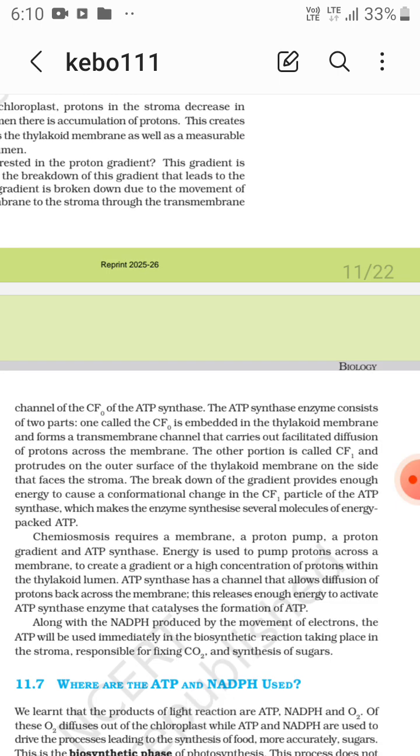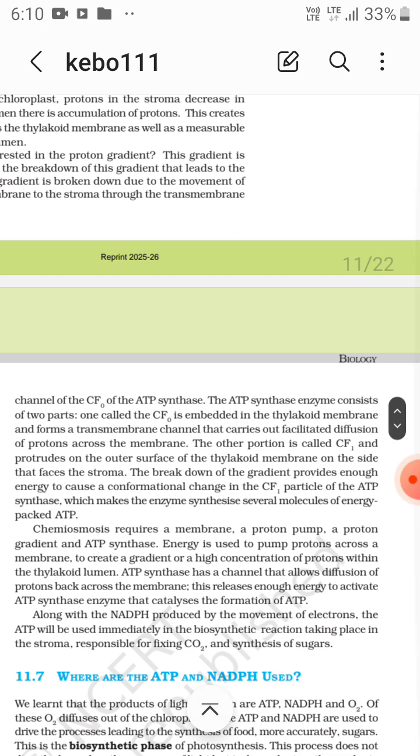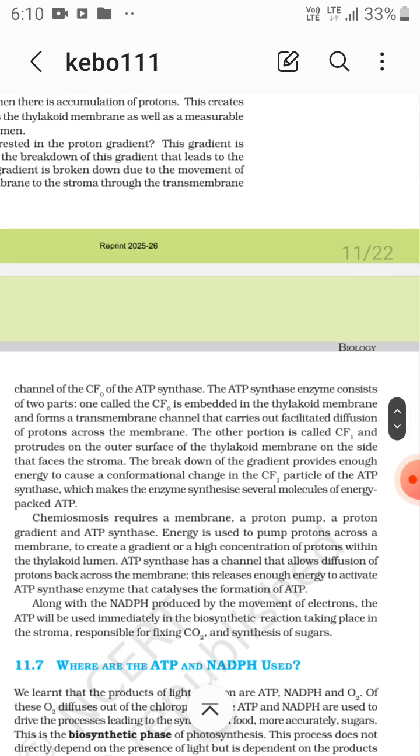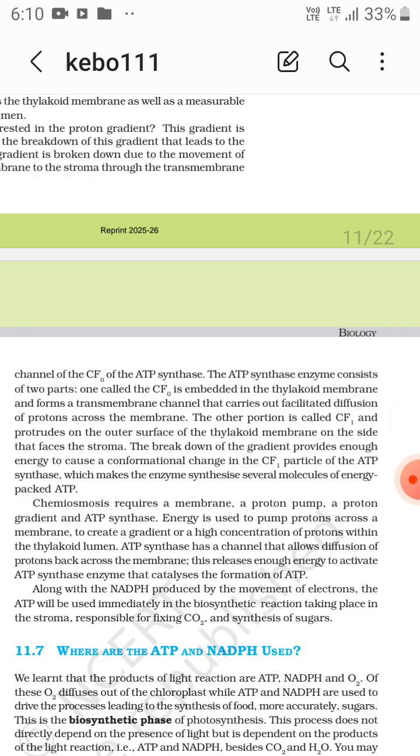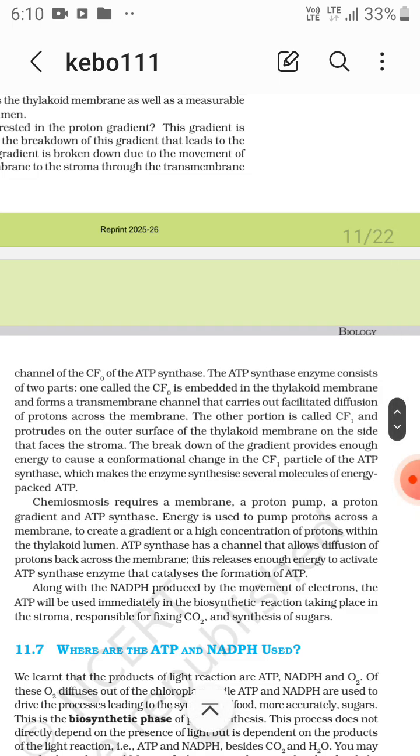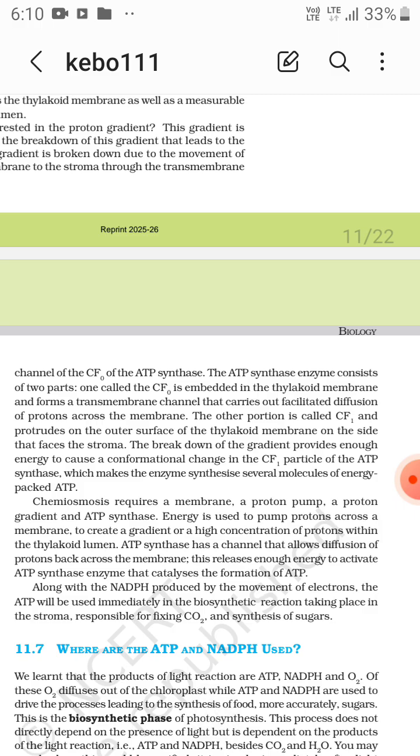The other portion is called the CF1 and protrudes on the outer surface of the thylakoid membrane on the side that faces the stroma. Now, the breakdown of the gradient provides enough energy to cause a conformational change in the CF1 particle of the ATP synthase, which makes the enzyme synthesize several molecules of energy-packed ATP.